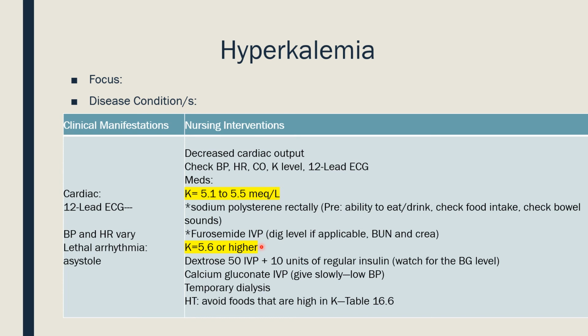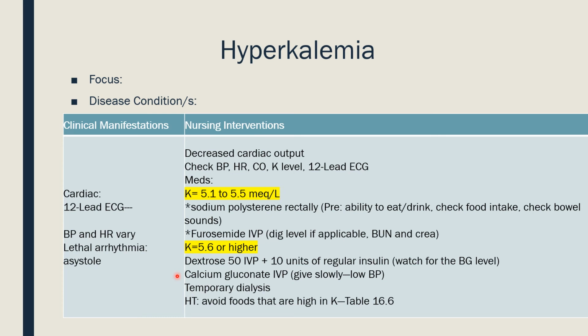Now, if the potassium level of your patient based on the laboratory result is 5.6 or higher, then you need a stronger medication like dextrose 50 IV push and 10 units of regular insulin. It's just that you have to watch for their blood glucose level.